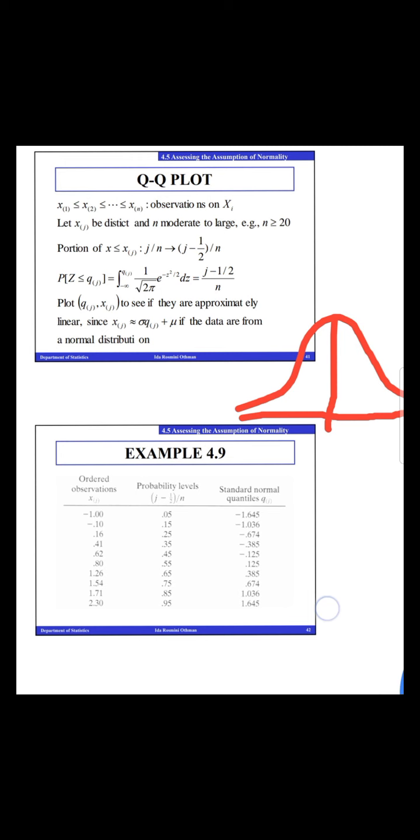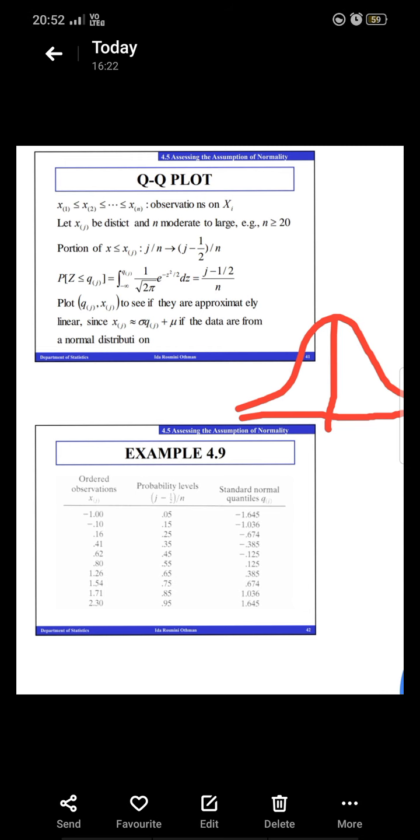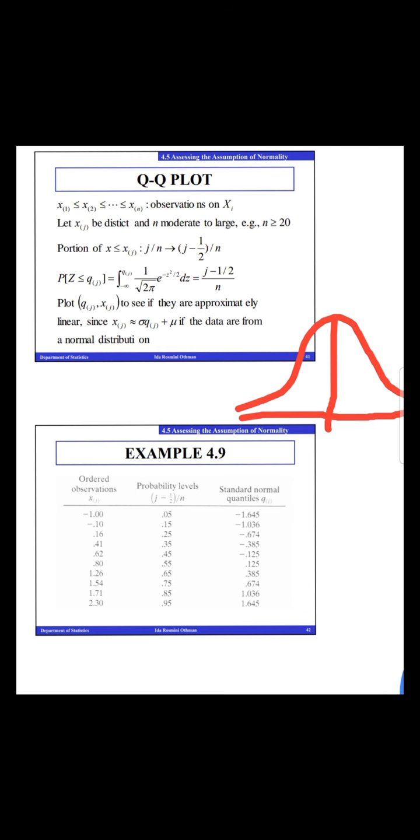Sehinggalah 0.45 pun quantile kita akan letak negatif. And then the next row tu dia punya probability adalah 0.55. So quantile-nya will be positive. Okay. Alright. So saya harap you faham.